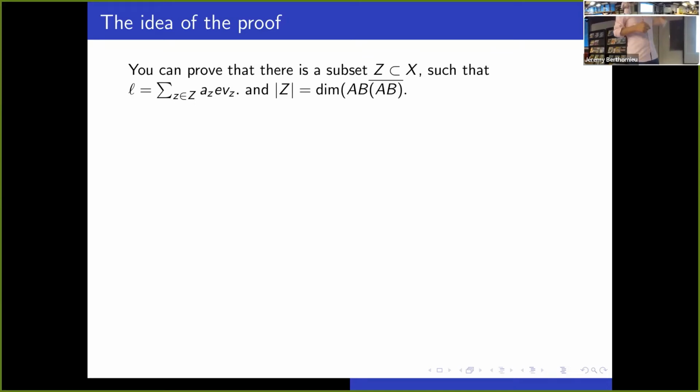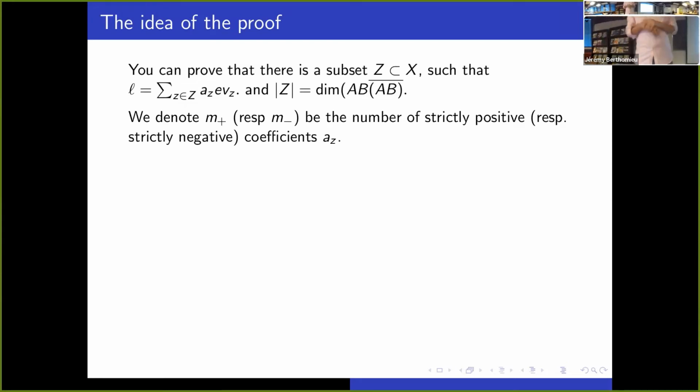And the number of elements of Z is equal to the dimension of A times B and the conjugate of A times B. We denote n plus the number of strictly positive coefficients a_Z of these weights, and n minus the number of strictly negative coefficients.